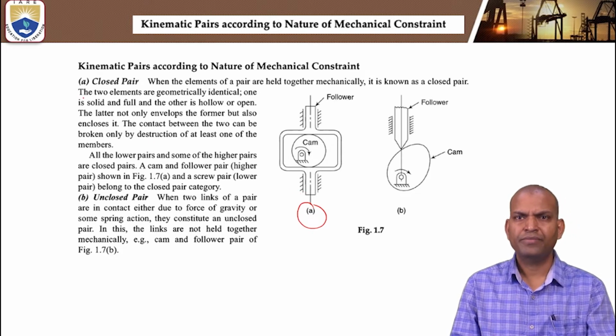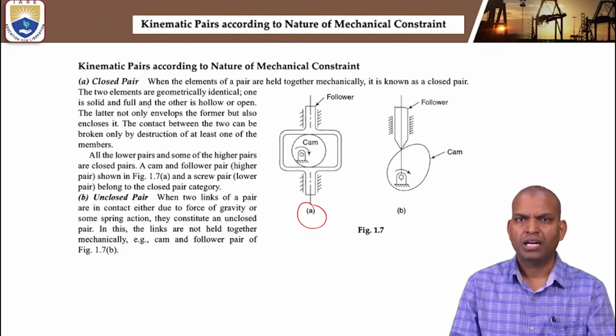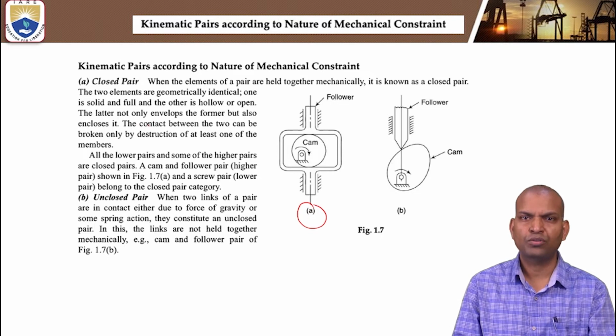The two elements are geometrically identical. One is solid and full, and the other is hollow or open. The latter not only envelops the former but also encloses it. It should be completely enclosed.